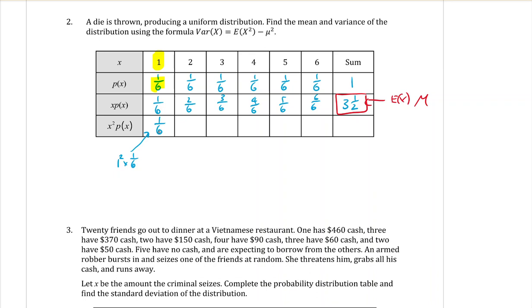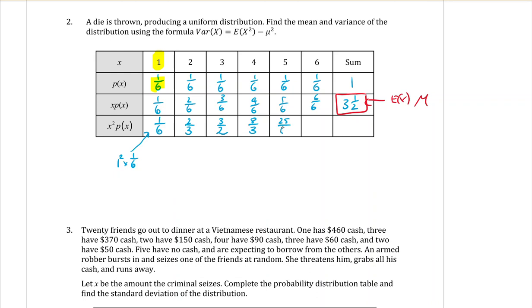I now want to do x squared, so 2 squared times 1 over 6, which is going to be 4 over 6, or 2 over 3, yeah. Now 3 squared times 1 over 6, 1.5, or 3 over 2. 4 squared times 1 over 6, yeah. 2 and 2/3.